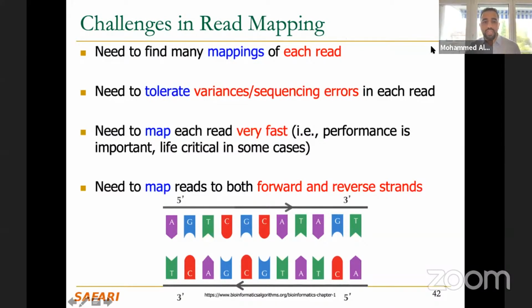The third challenge is that we need to map each read very fast. Performance is important, especially after 2013, especially in life-critical or life-threatening applications, where we really need to find the genetic variation that causes disease, for example in a critically ill infant admitted to hospital.